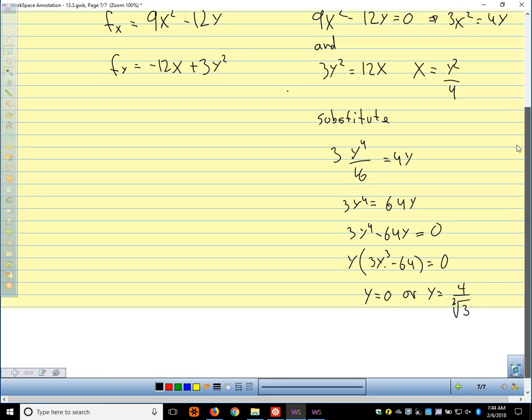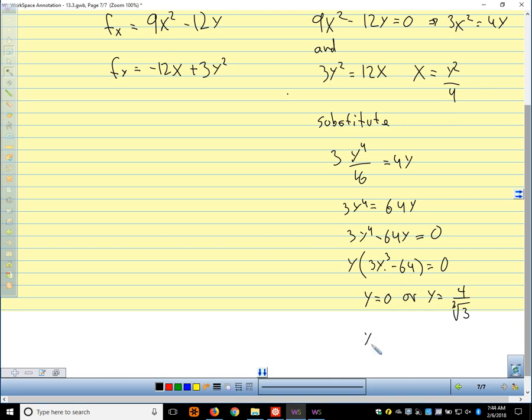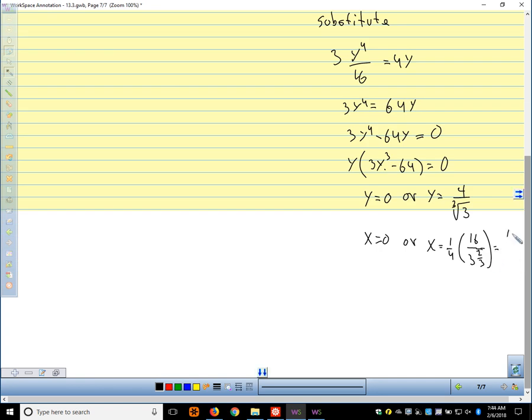And this tells us from this equation that x equals 0, or x equals y squared over 4. So 1/4 of 16 over 3 to the 2/3. And I could write that as 4 over 3 to the 2/3.